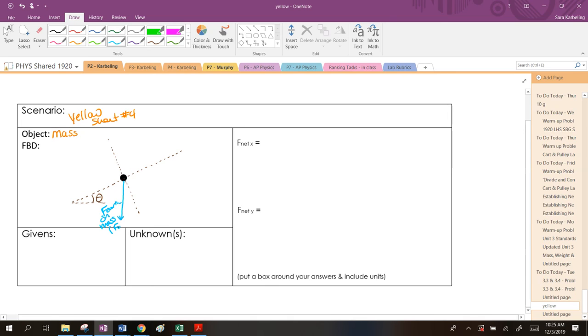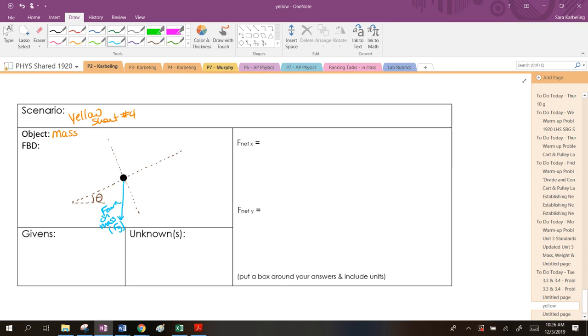We can mark that as FG. Are there any other forces acting on the mass? You can answer that question for yourself, because if this is the only force, where is that object going to go? Straight down. And is the object going straight down? No. Where is it going? It's going down the ramp. So there's got to be something else acting.